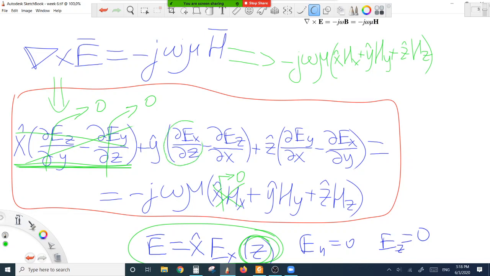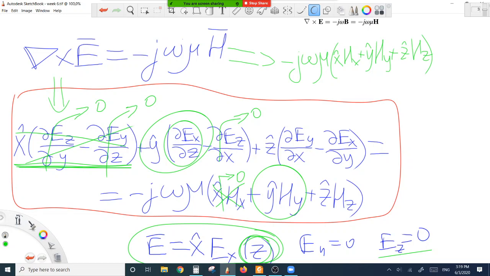That's why this component is not 0. What about this component? This component is 0 because Ez is 0. So we do have a y component from the right hand side also.